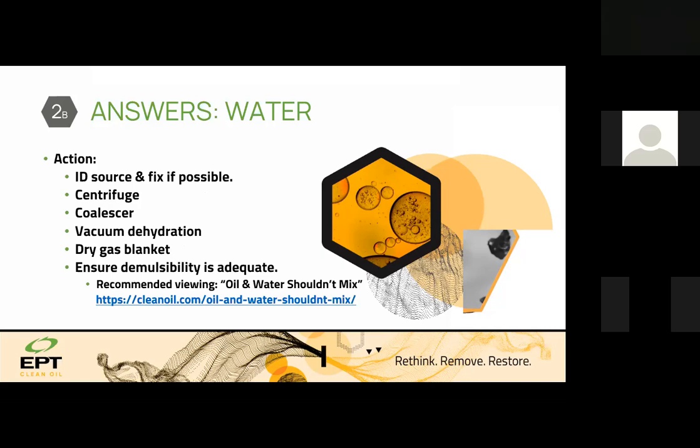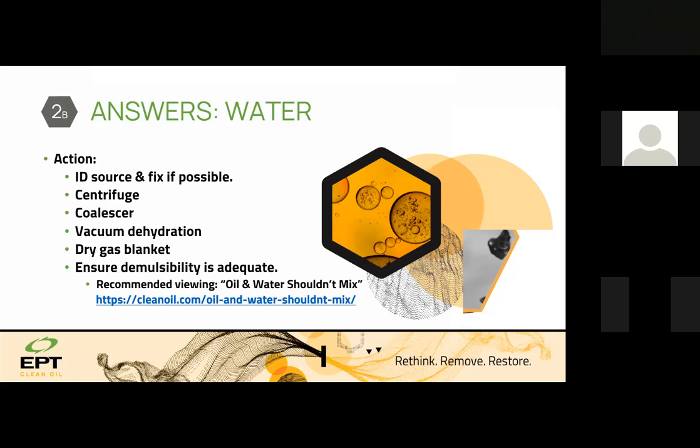Critical machines or turbo machinery sometimes come with a centrifuge or a coalescer inside. You know, they come with the OEM installation of these machines. Centrifuge and coalescer work based on demulsibility, based on the oil having the capability to separate water. Some of the oils don't separate water from them.